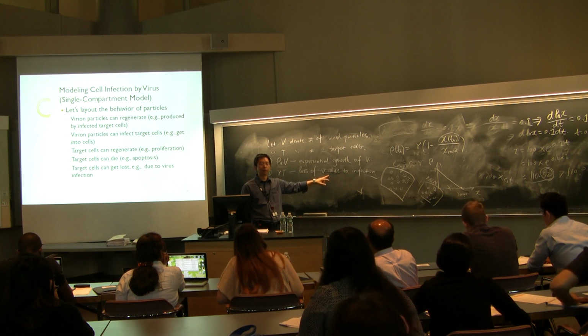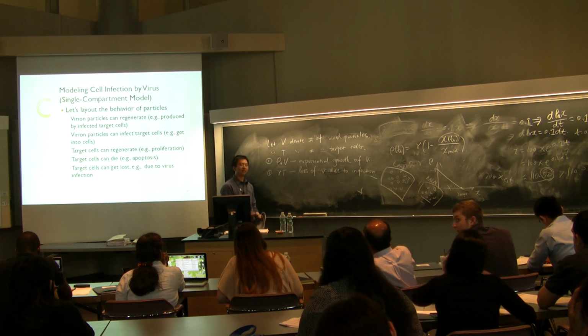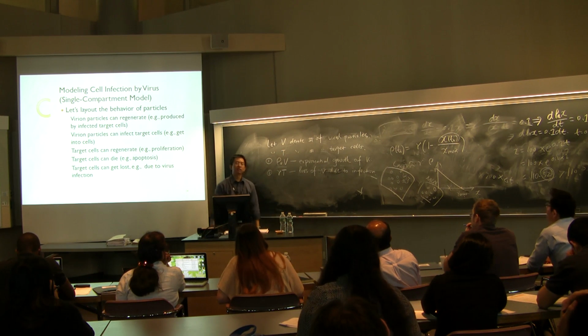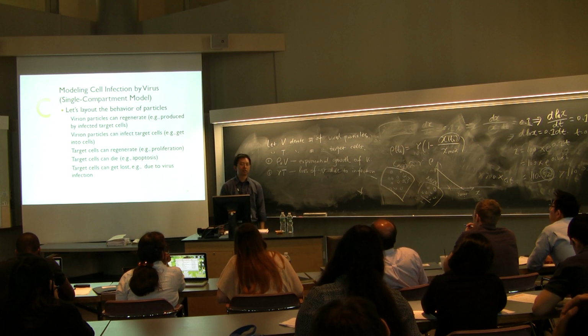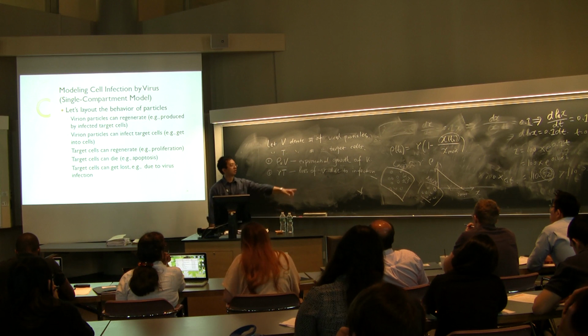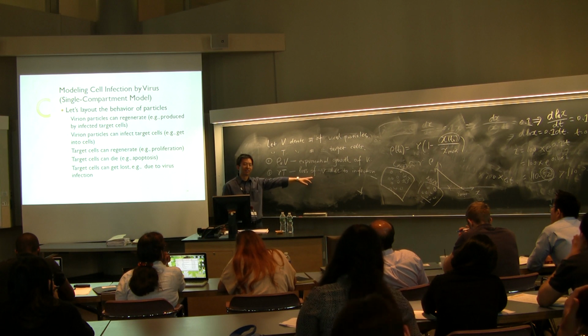So there are no free viral particles anymore, because what they infect is a cell. They are not infected themselves. So the loss of viral particles actually depends on how many available target cells there are, right?